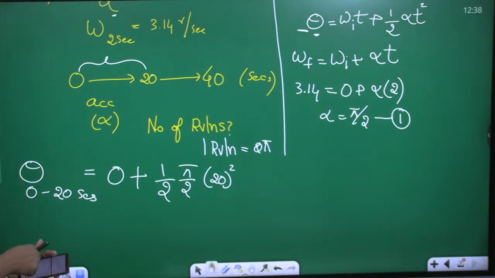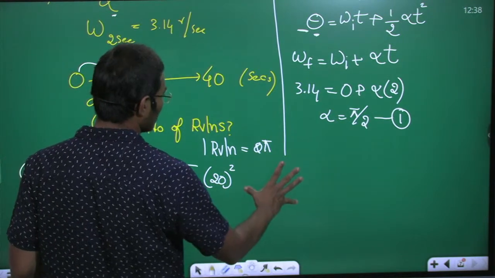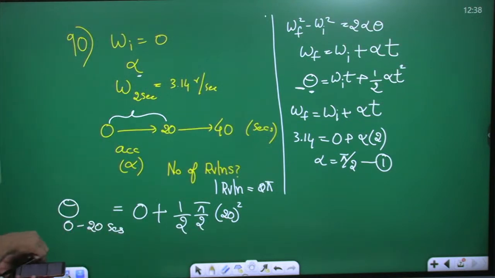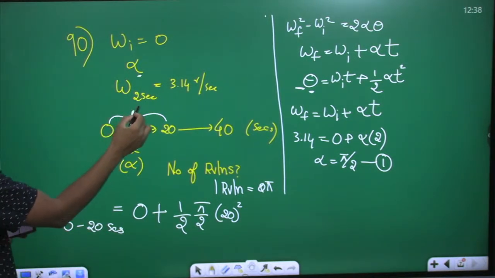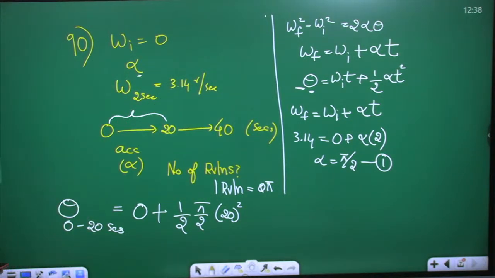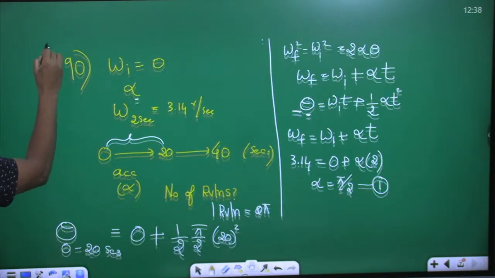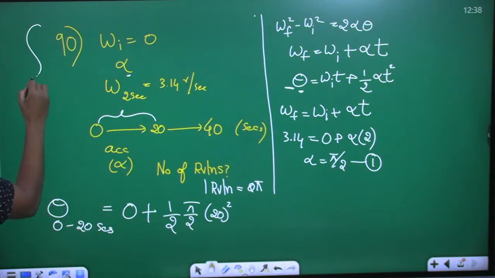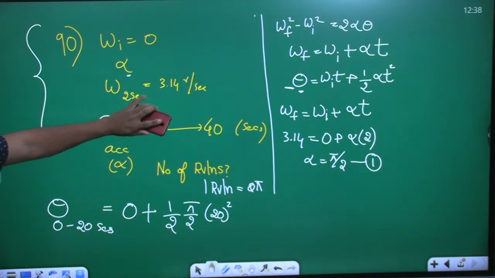See, in the question it is given that omega after 2 seconds is equal to 3.14 radians per second. In the question it is given that initial is 0 and after 2 seconds the omega will be 3.14.